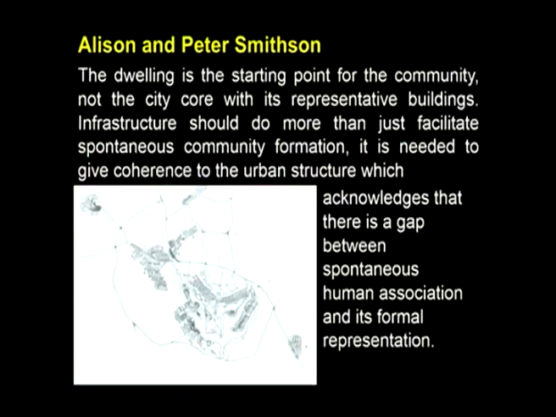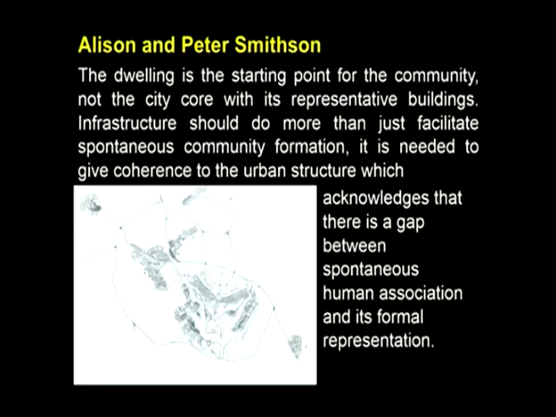Modernism says that if you're building a new city, the infrastructure with its representative buildings should be in the city core, whereas Alison and Peter Smithson argue that for a city, the dwelling is a starting point for community, so that should be the core of the city itself. They claim this acknowledges that there is a gap between the formal representation of architecture and spontaneous human association. So according to them, these two must be together.